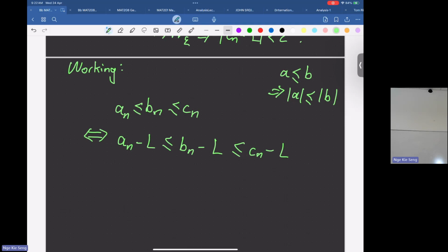Yeah, only both larger than 0 or both negative. Negative doesn't work, right? Ah, yeah. Only both positive.